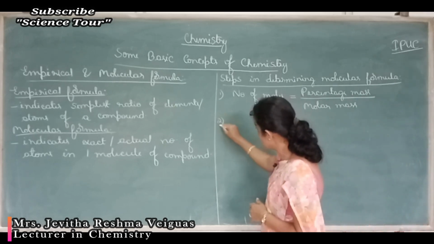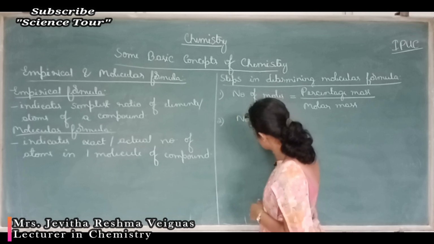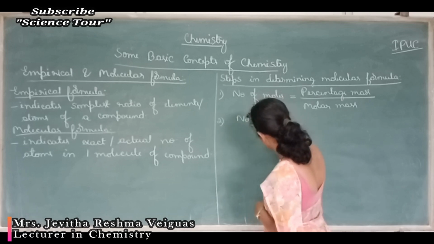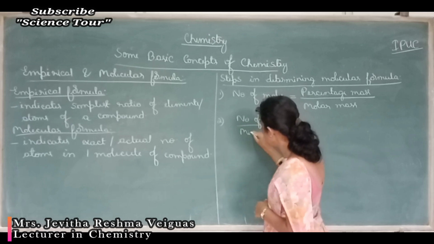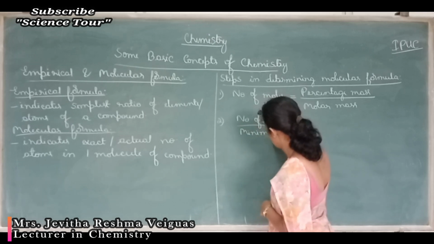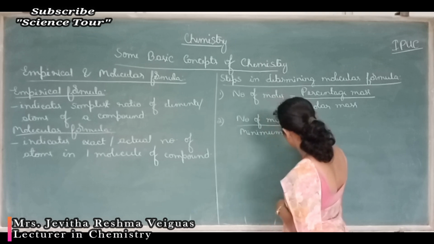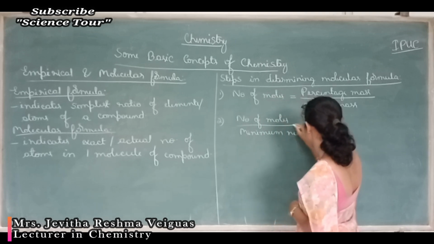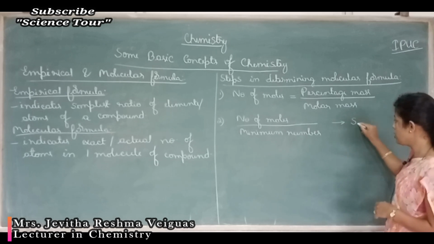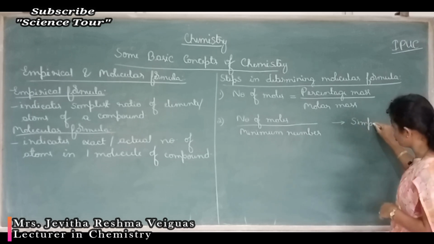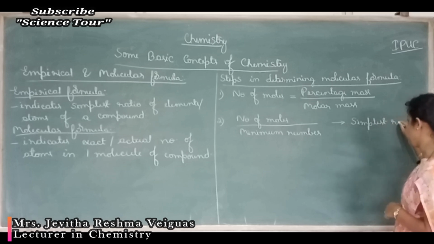Second step is that the number of moles obtained is divided by the minimum number. This generally gives the simplest ratio of atoms.